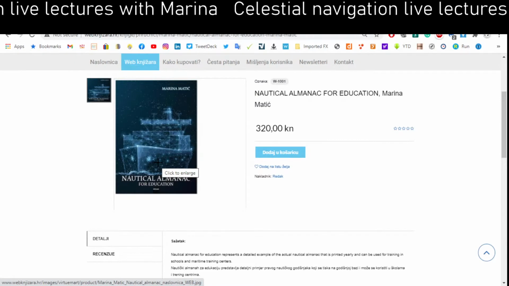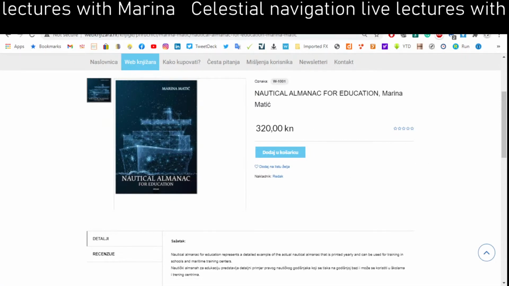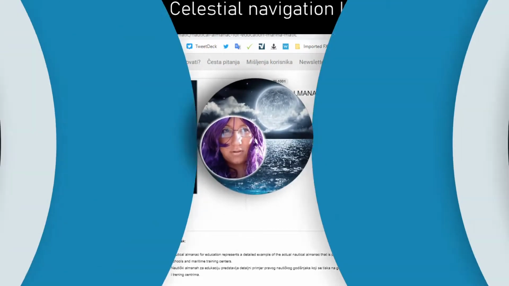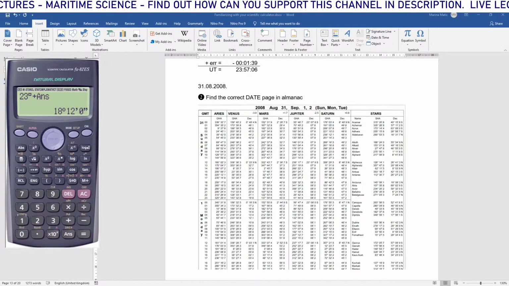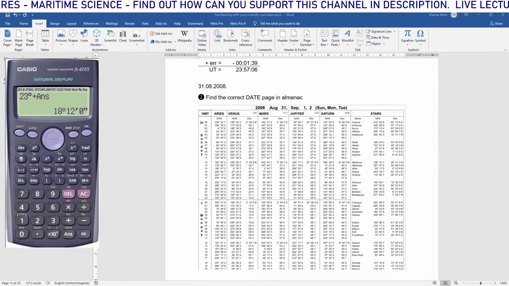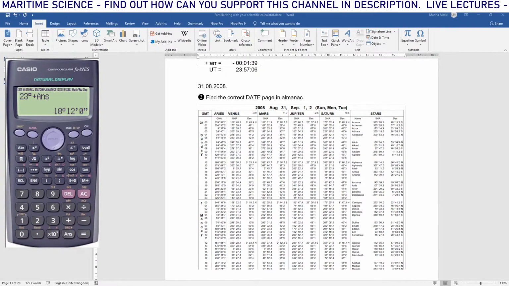So when you are using a star, in our case we are watching a star, that means we are actually using the left side, and this is the left page for this date.